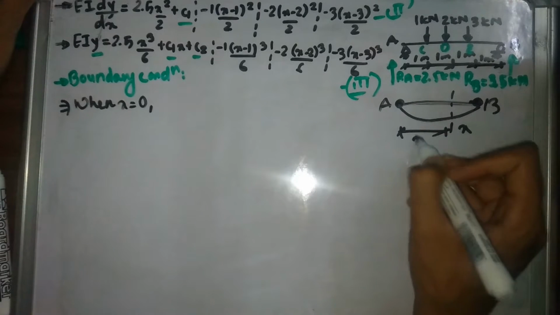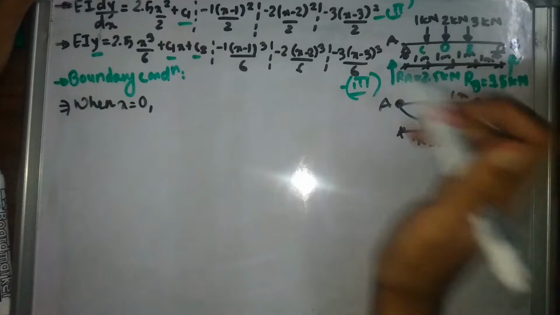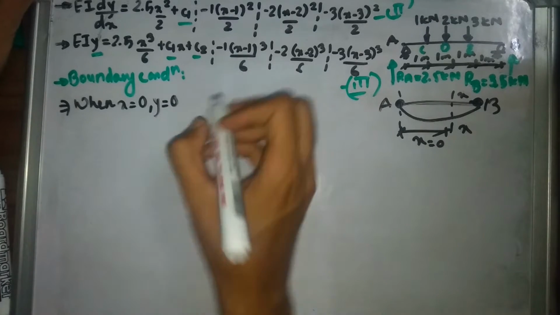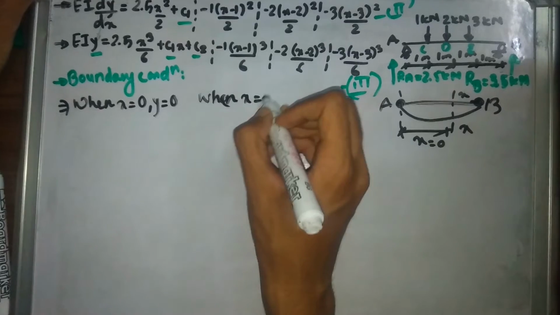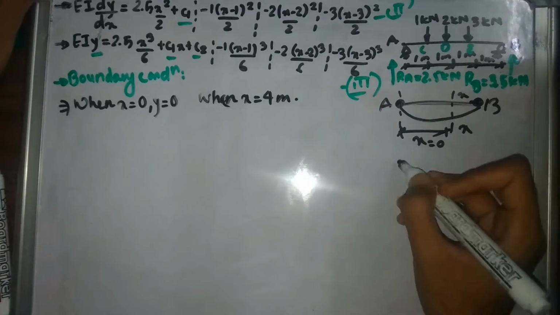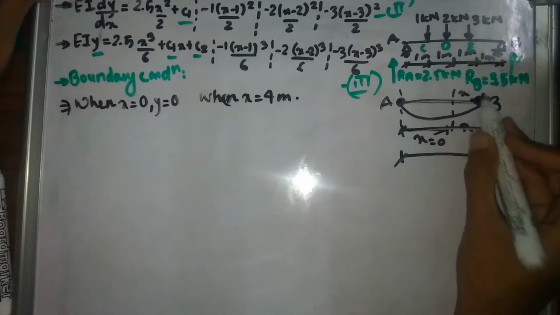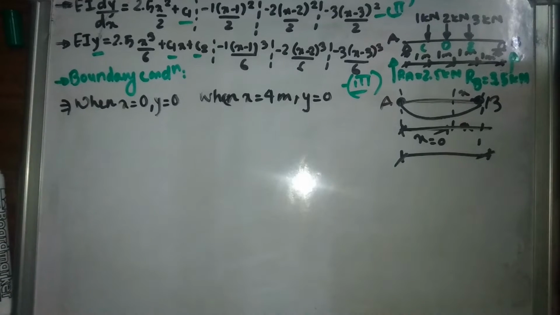This is our section x. So when x equals 0, it is going to be at point A, so our deflection, which is our y, is going to be 0. Similarly, when x equals 4 meter, we're at point B. So x equals 4 means this section x reached over here at B point. Again, our deflection is going to be 0. So we're going to use these conditions to find out our values of C1 and C2.